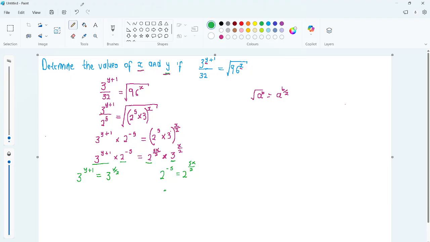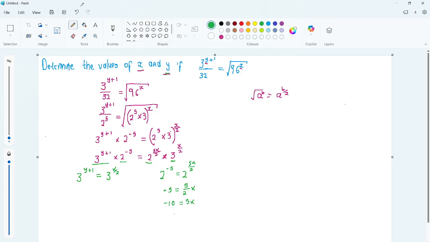So I'm going to say -5 is equivalent to 5x divided by 2. Cross multiplying, this one times this one gives -10, which is equal to 5x.